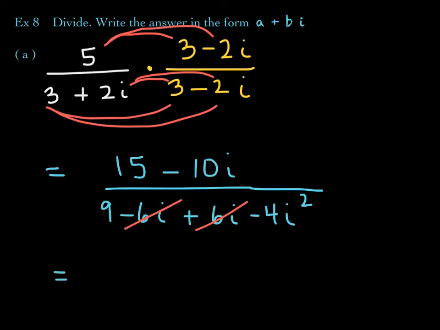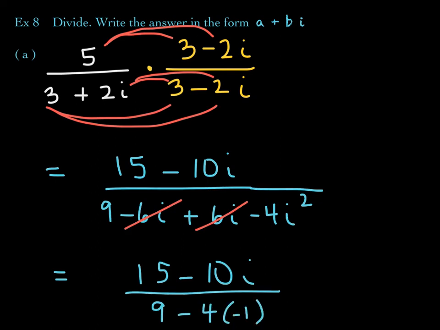So now we have 15 minus 10i. Now the denominator is 9 minus 4 times negative 1. Don't forget that i squared is negative 1. All right, so let's continue simplifying this. Hey, don't forget that the instructions say write the answer in the form a plus bi. So in other words, write it in standard form.